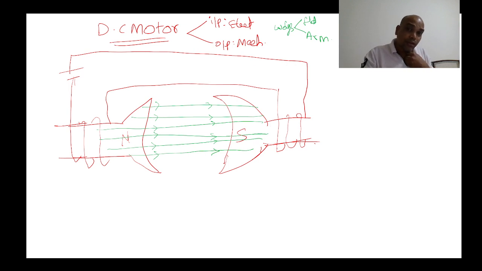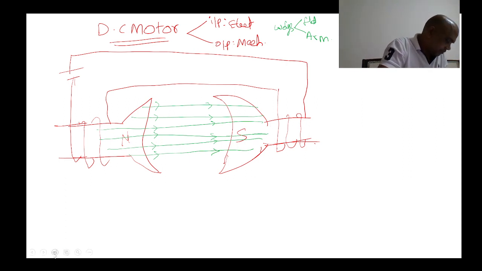In the DC generator I used Fleming's right hand rule. In the DC motor I will use Fleming's left hand rule. Both are the same regarding the forefinger, but here I will use the left hand, and in the DC generator I use the right hand. So you know the direction of magnetic field.